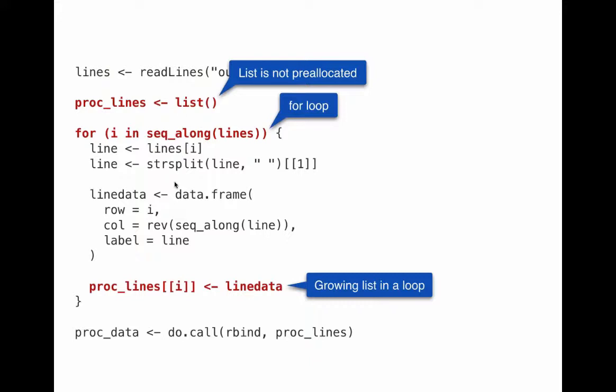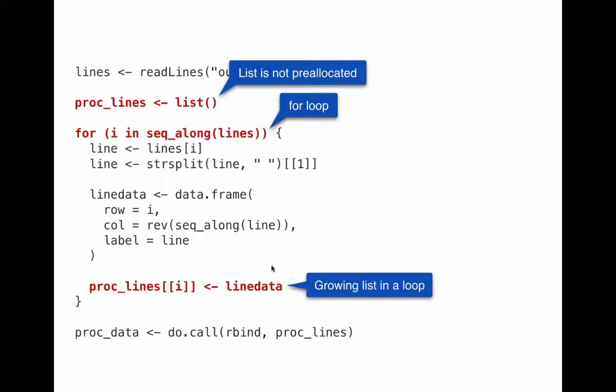These are typical rules of thumb that people in our community use for things that are slow. First, this list that I have here is not pre-allocated. I'm using a for loop, which people tend to say to avoid because they can be slow.